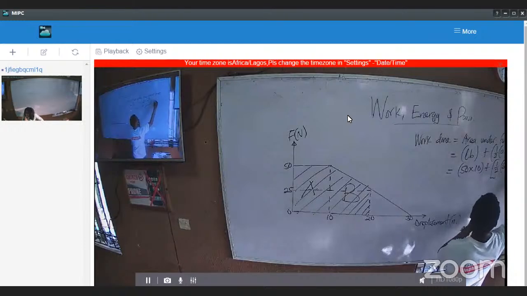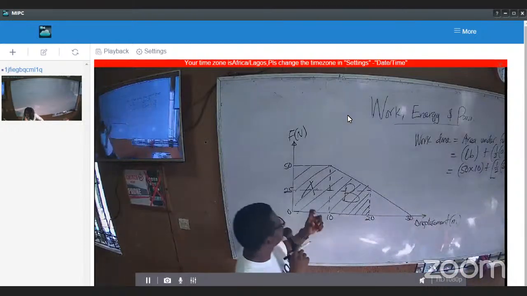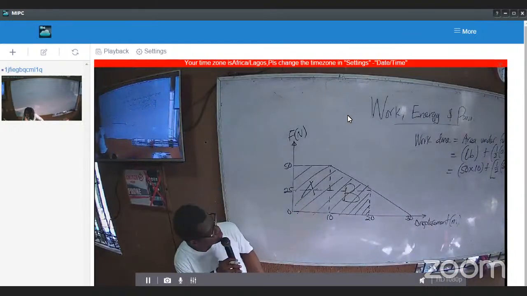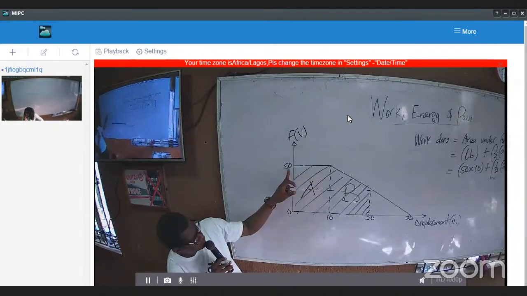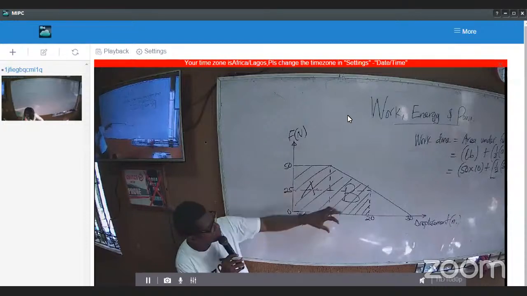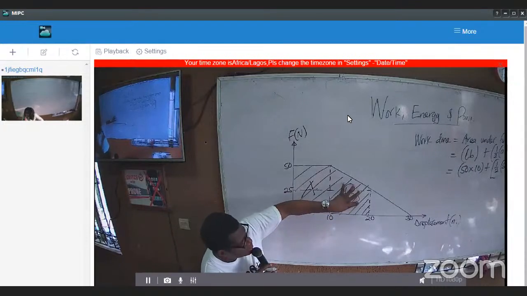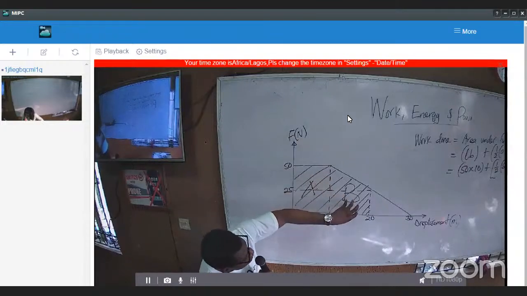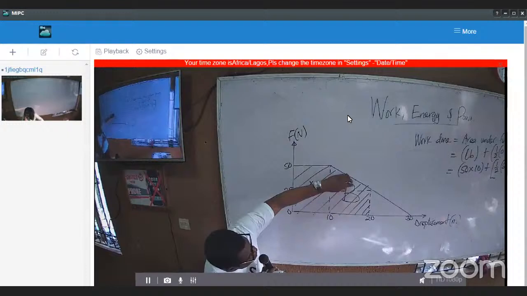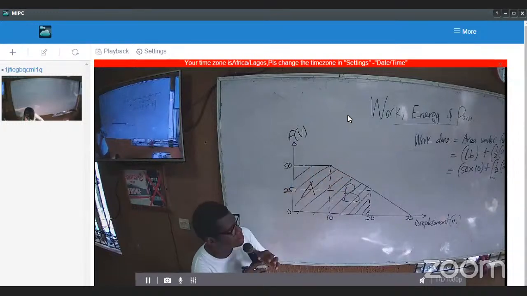So I partition the graph into two: the rectangle has length 50 times breadth 10. Can I do mine into three? No problem: a rectangle, then a triangle. It takes a little time, but you still get it.